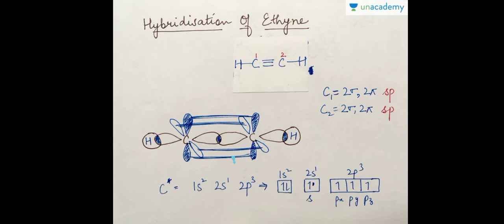So we say that both these carbons, because they have only 2 sigma bonds, would possess sp hybridized orbitals. I've just given you here an overview of hybridization.